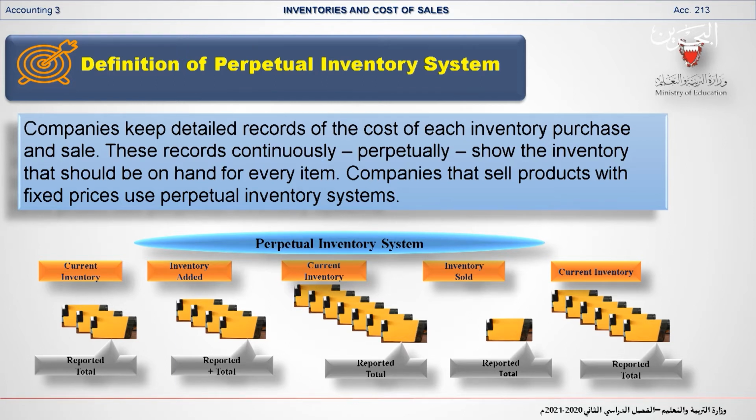Each time a product is scanned and purchased, the system updates the inventory levels in a database. A perpetual inventory system will record changes in inventory at the time of the transaction and not only at the balance sheet date like the periodic inventory system.